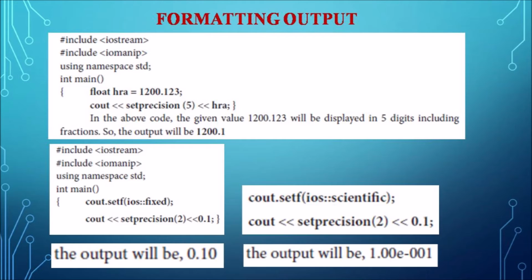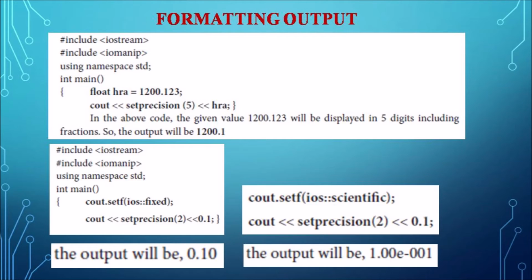So the result must be totally 5 digits, including the fractional part, and the output will be 1200.1.